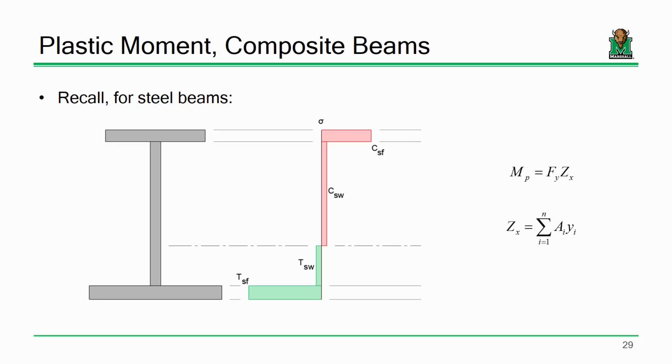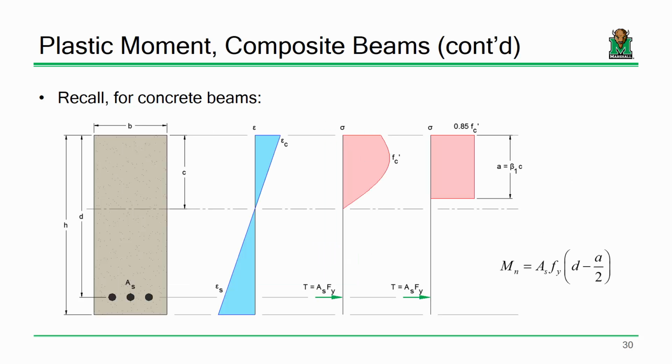How do you calculate the ultimate capacity of a steel beam? Well, the plastic moment capacity is Fy times Zx. How do you calculate Zx? It's just the sum of those AYs, right? We just did that. Now, that's steel. What about reinforced concrete? Well, you all have done this stuff before too, right? What's the tensile force? AsFy. What's the compressive force? It's 0.85 f'c a b, right?